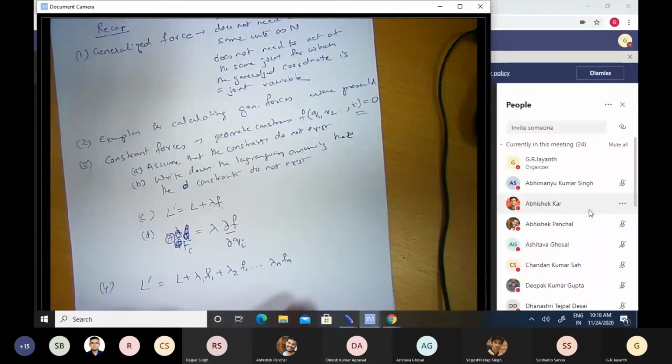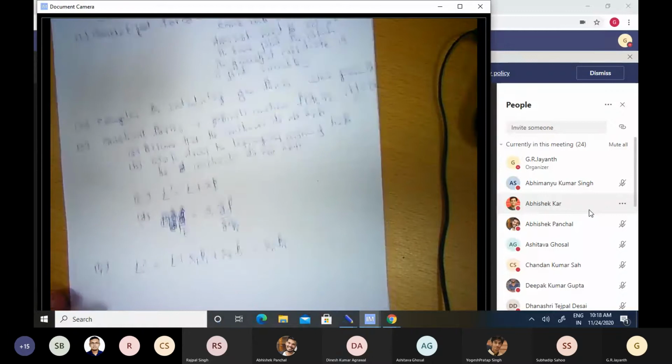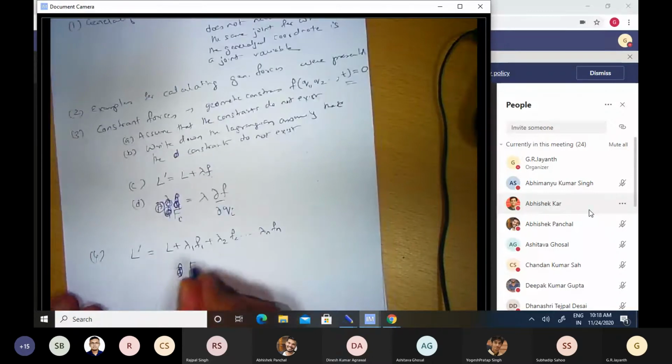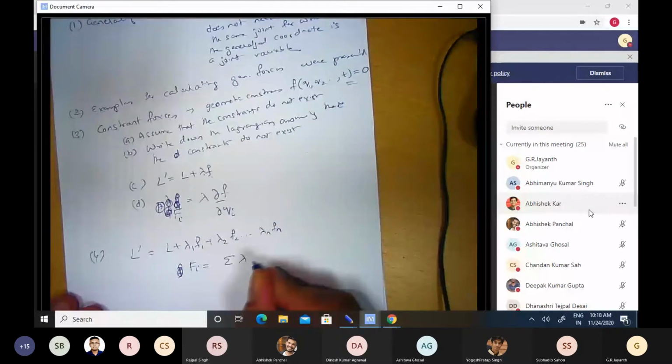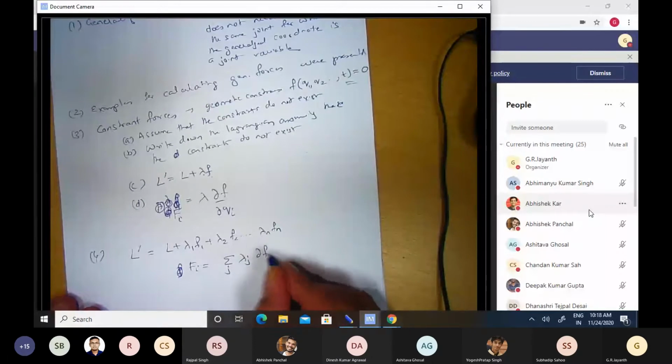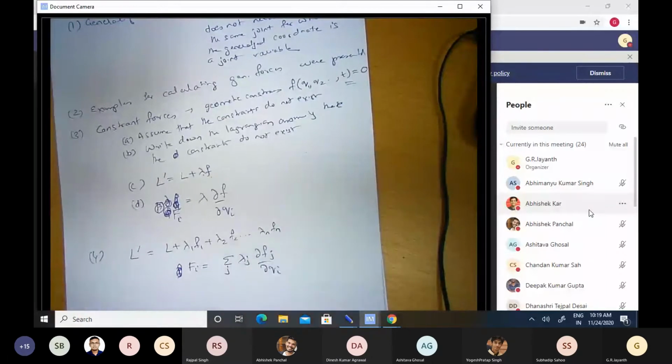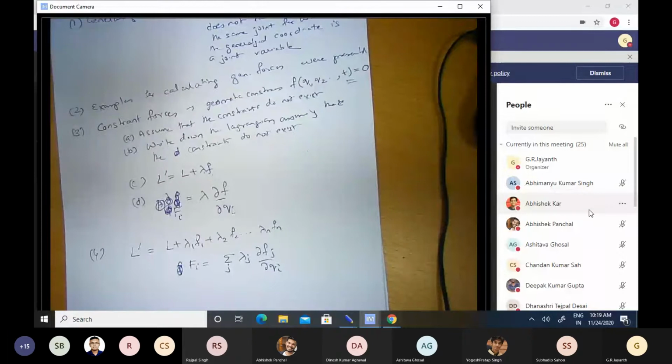So if you have n constraints, f1, f2, f3 up to fn, this is how it's going to look, and the constraint force Fi will be equal to the sum over j of lambda j times the partial derivative of fj with respect to qi. That's going to be the constraint force associated with the ith generalized coordinate. We will not be using too much of this, but I just wanted to put it out there.